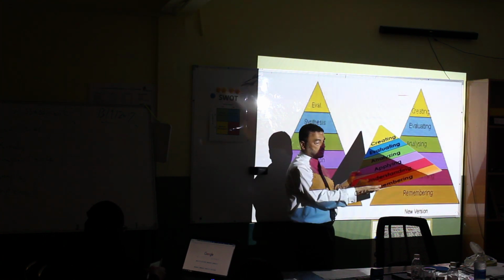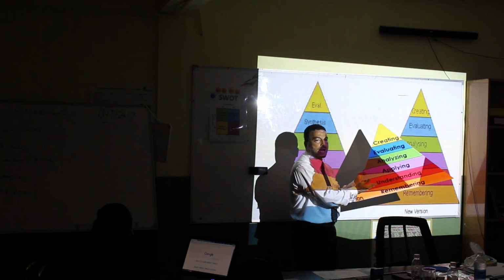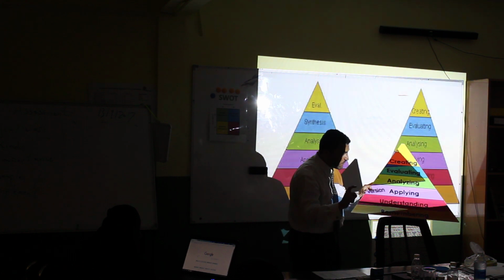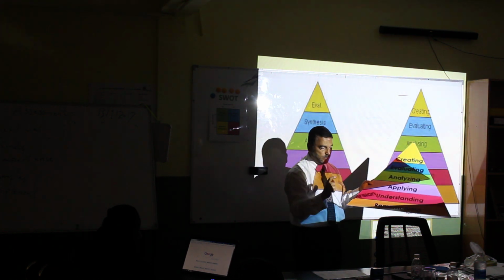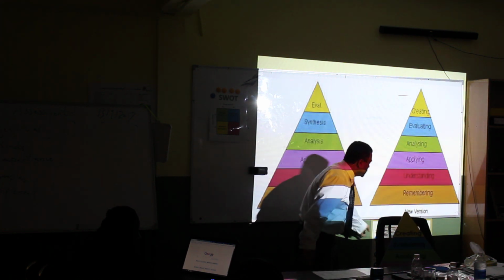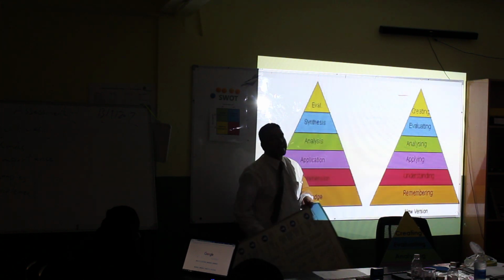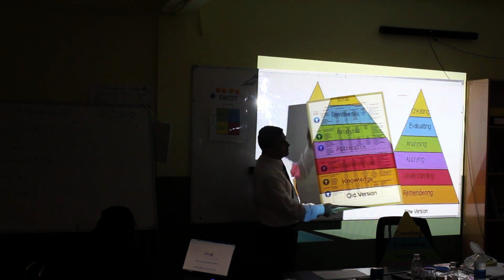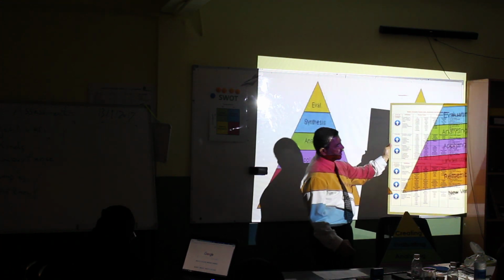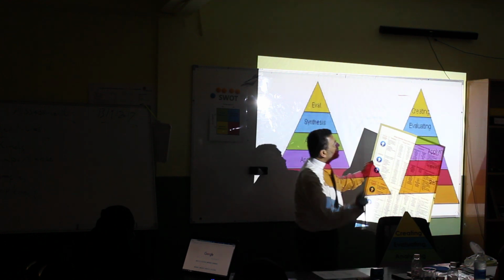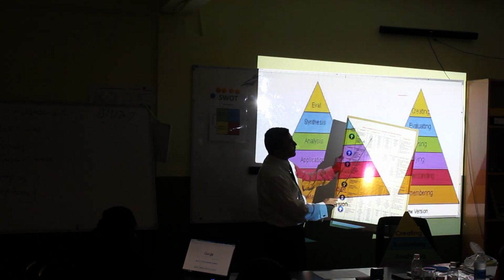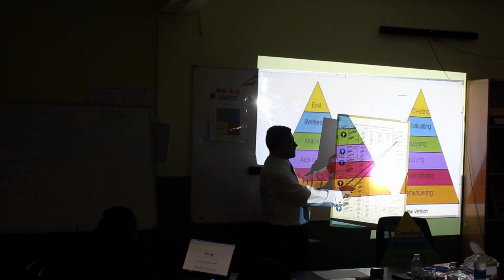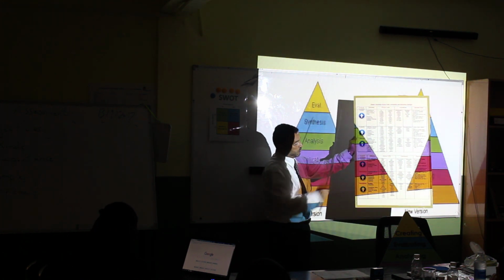When you ask about the next level, understanding, we have some specific descriptive verbs or action verbs. What are they? As I showed you yesterday, we created a template having some specific descriptive verbs showing how to use them with examples, starting from up to down, remembering.